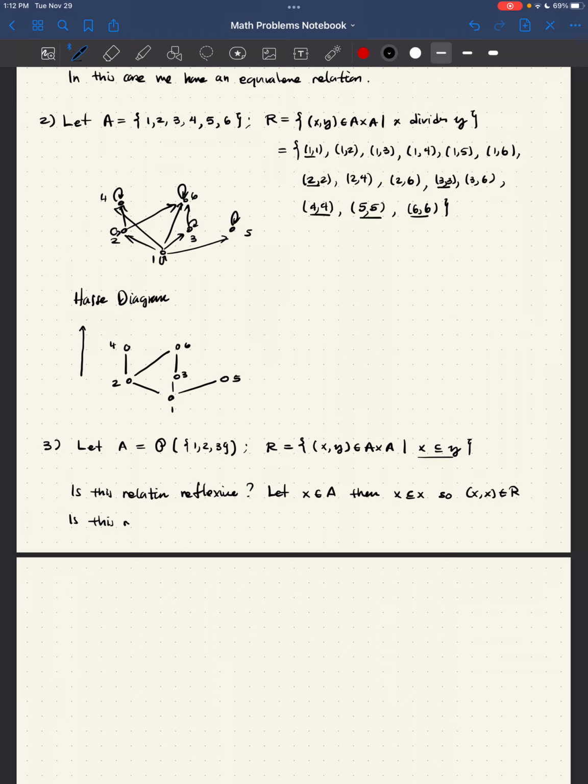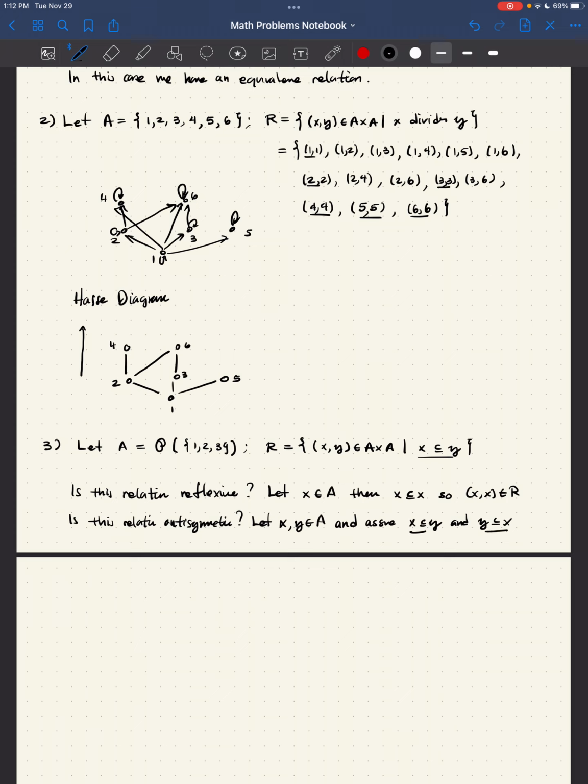Is this relation antisymmetric? Well, for that, I'm going to do the following. Let X and Y be members of A, and assume that X is a subset of Y, meaning that X is related to Y, and Y is a subset of X, meaning that Y is related to X. But look, these are collections.